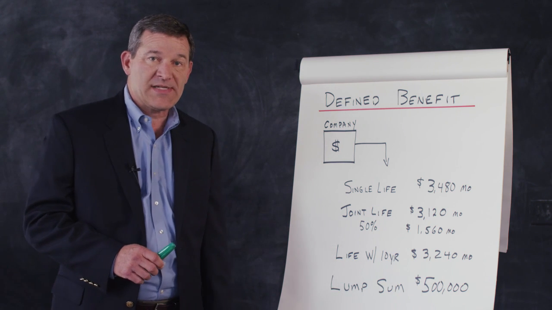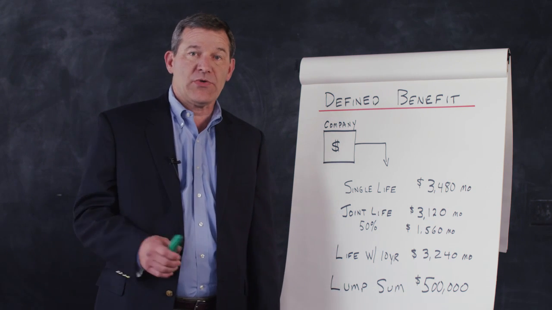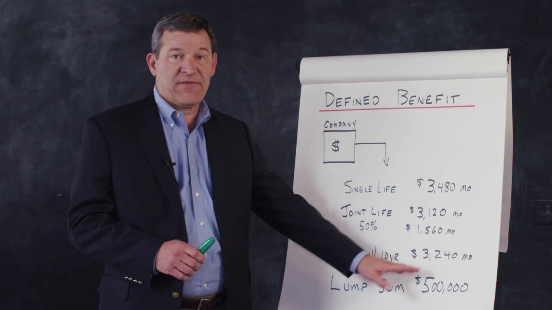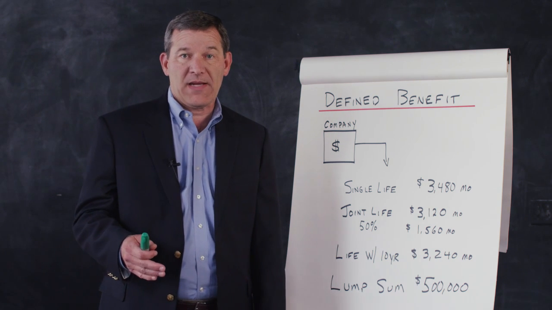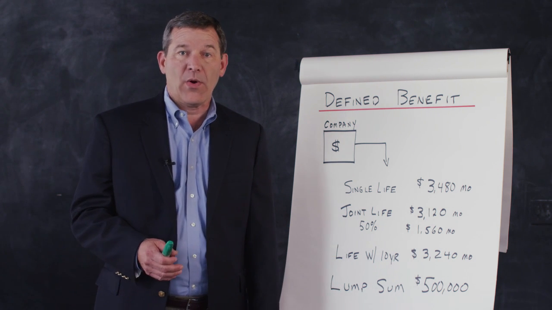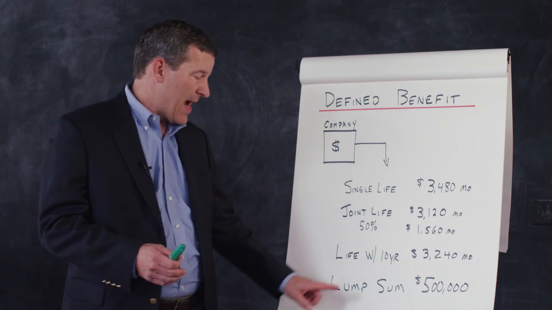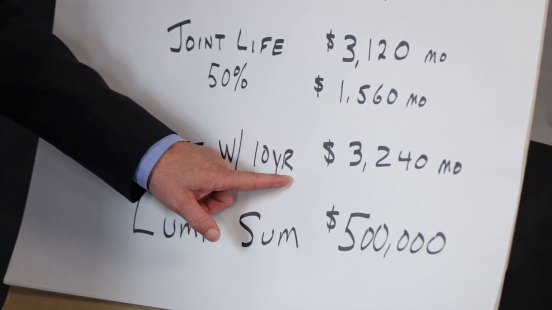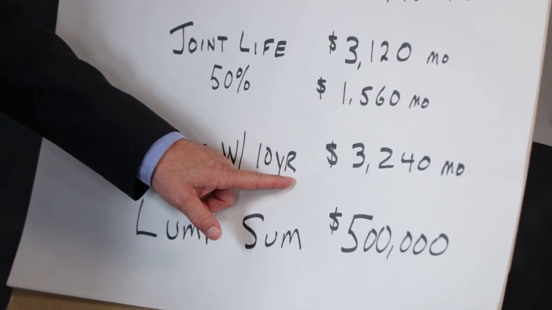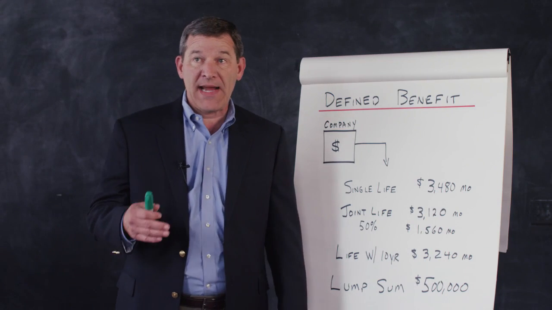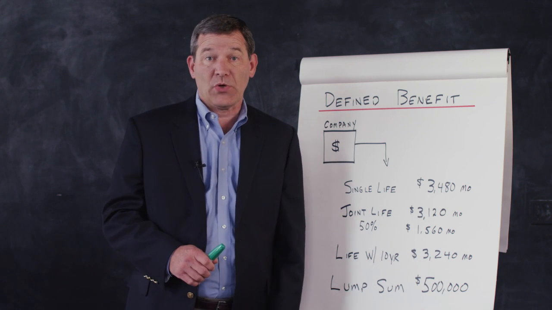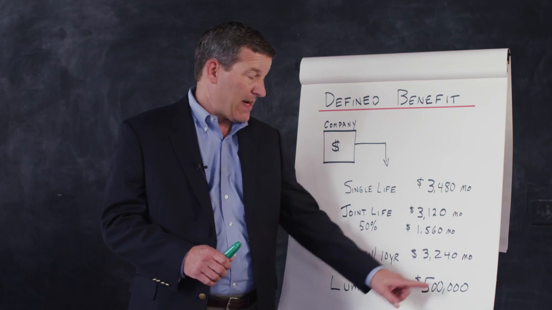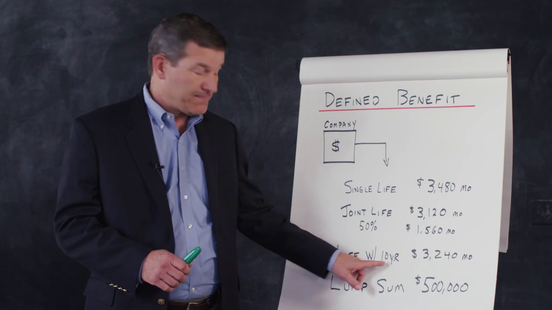So let's say you were a single individual, you had 2 children that you wanted some benefit for, and you did not think you would live long because of your health or an illness, and you might take this guaranteed payment plan for 10 years. That way, if you died in a year or 2 or 3, the family members, the children, would get the balance of those payments up to 10 years.